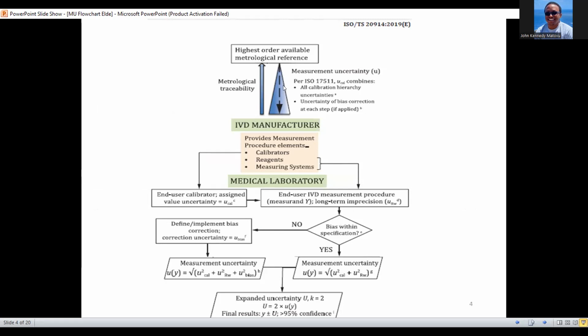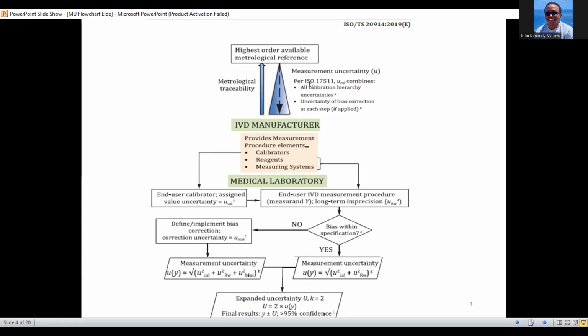All right, so help me out here. We have here, and you have seen this figure before, between the manufacturer of the method and the highest order of available metrological reference, metrological traceability.